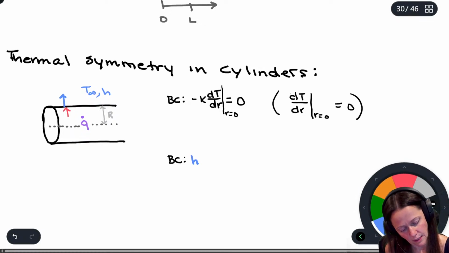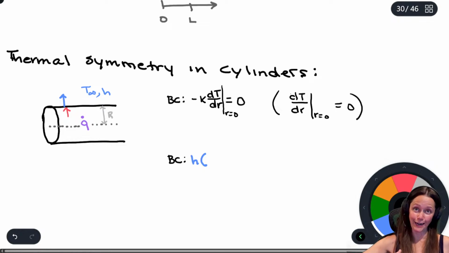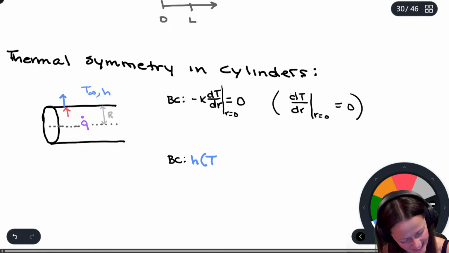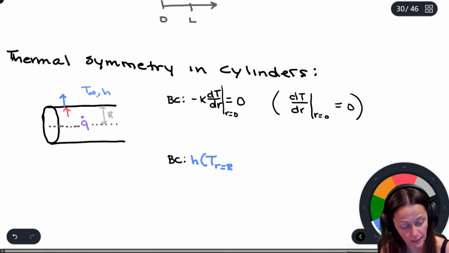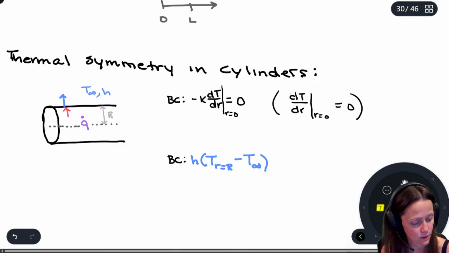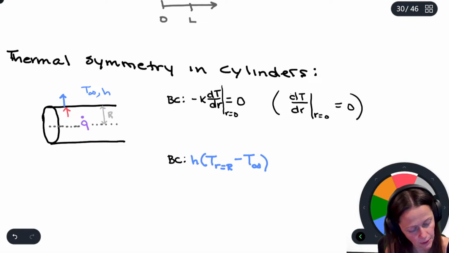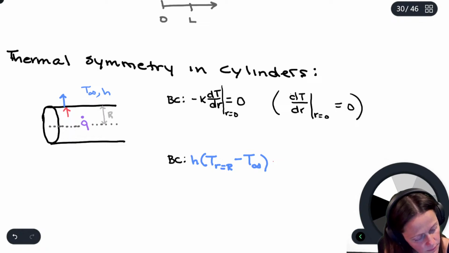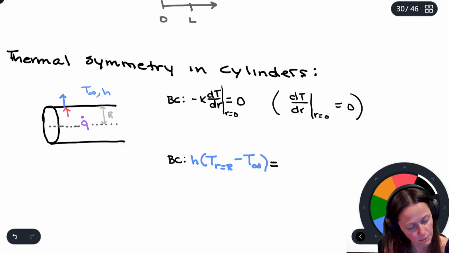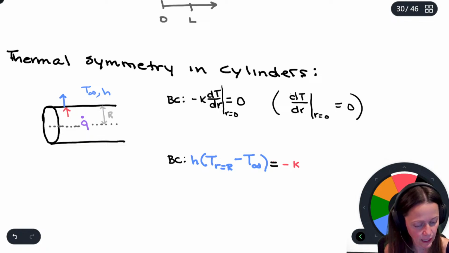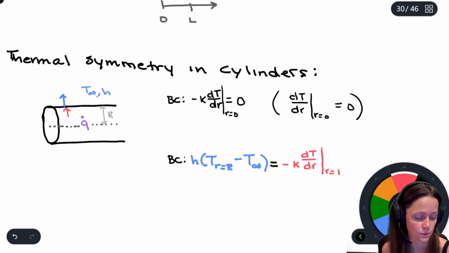So it's at the beginning of the arrow: h times T at r equals that outer radius minus T infinity, and that's going to be equal to negative k dT/dr at r equals big R.